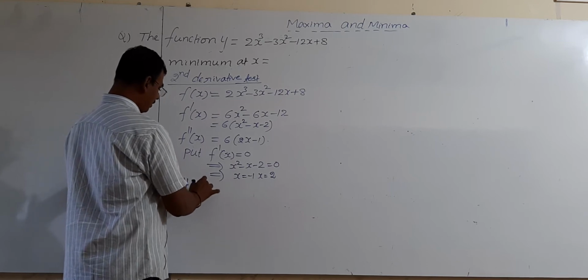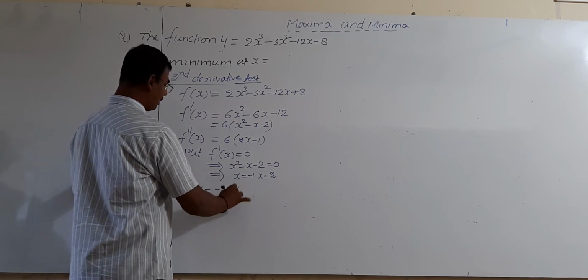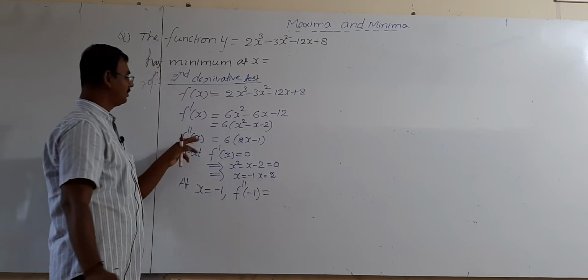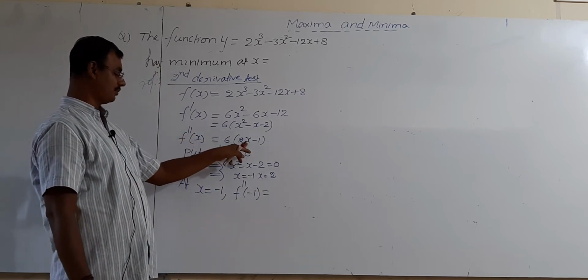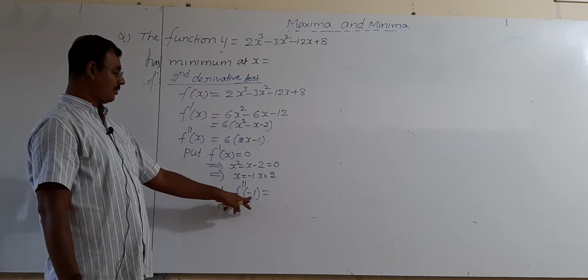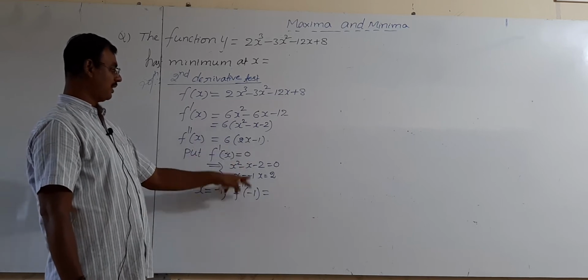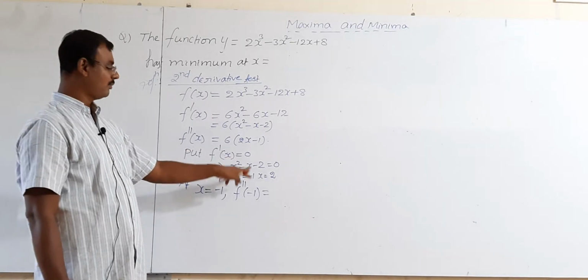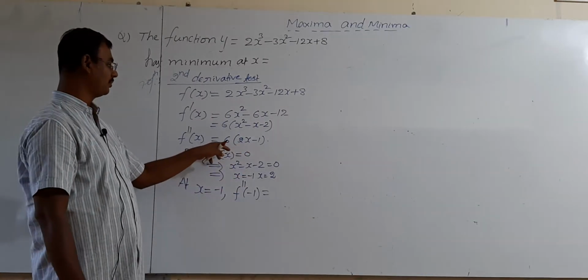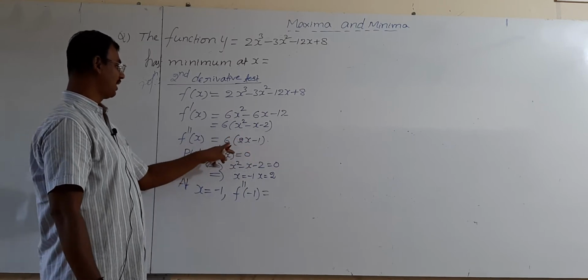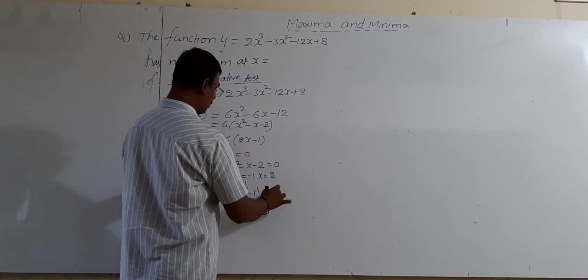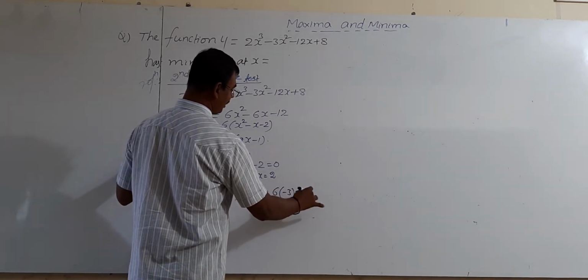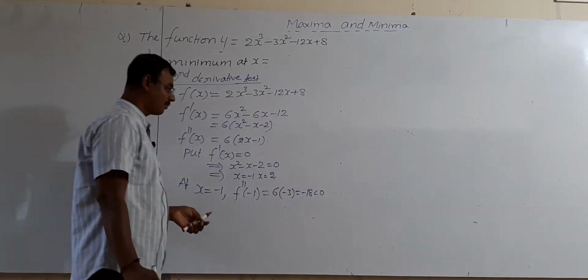At x is equal to minus 1, f double dash of minus 1. If I substitute x equal to minus 1, it becomes 6 into (minus 2 minus 1), minus 3, which is minus 18, less than 0.